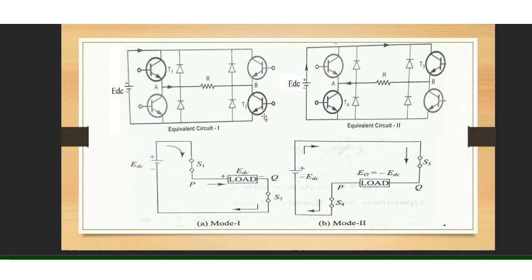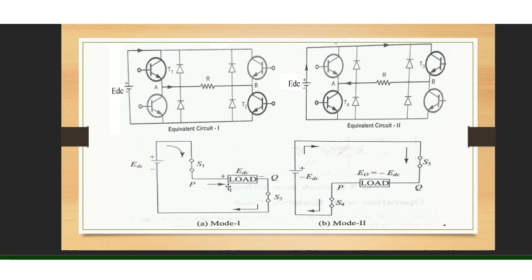The current path in the circuit via T1 and T2 is shown here. Observe the output voltage and the current, both are positive. The voltage across the resistive load will be positive here and negative here, so the output will be EDC, and the current also will be in this direction, so it is also positive.